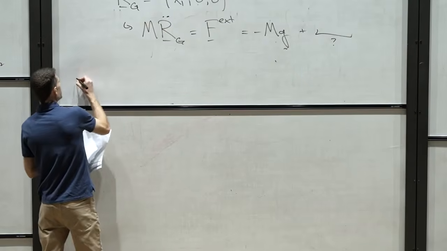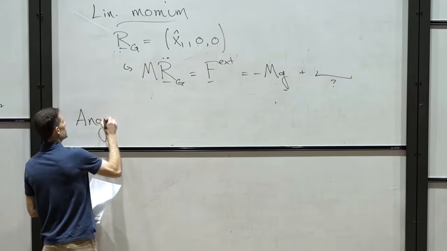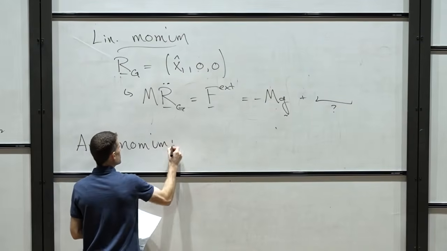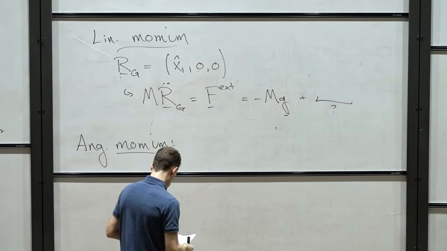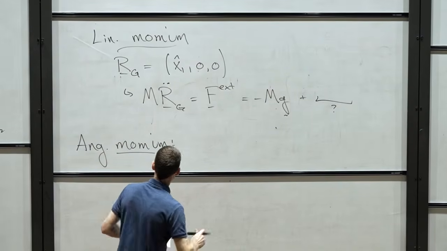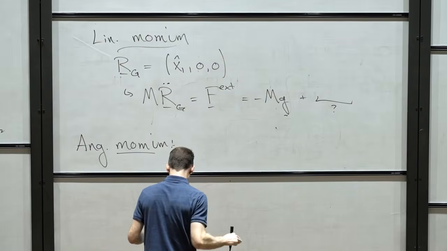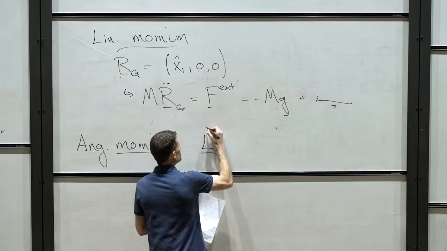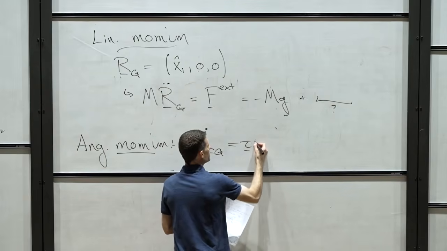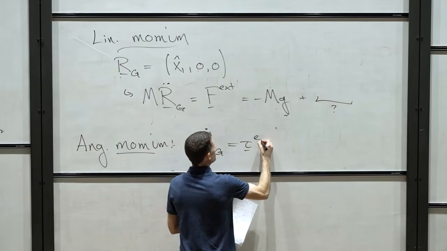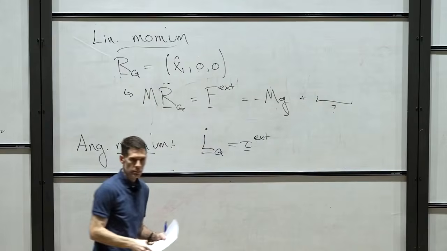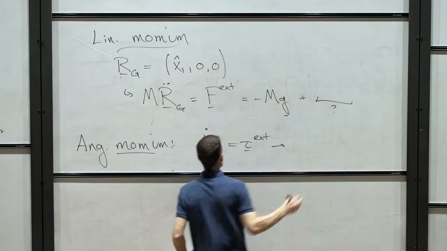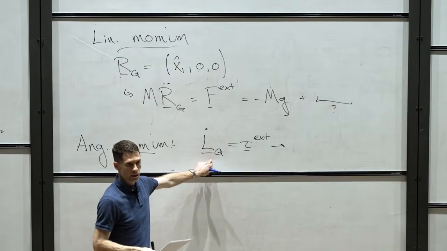If I write down angular momentum, well, it says LG dot equals tau external. And really what we've reduced it to, LG is IG omega.